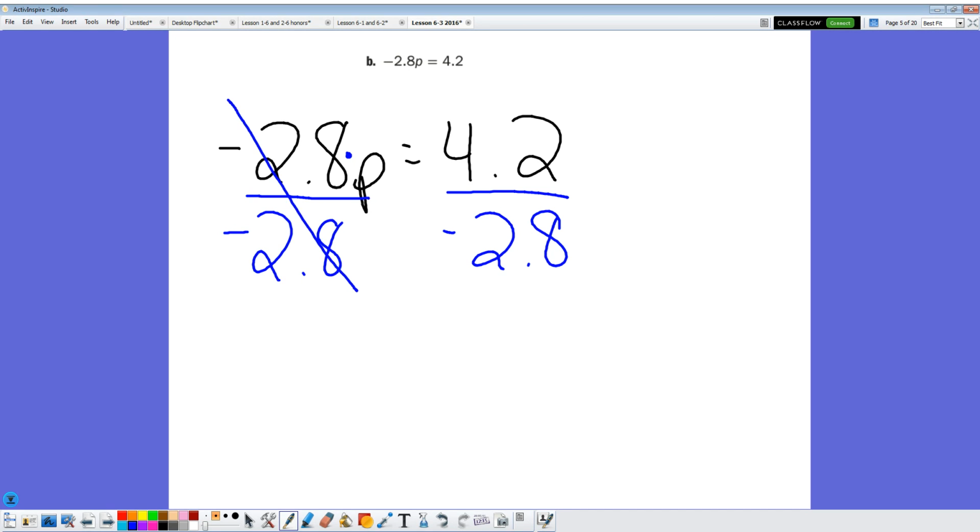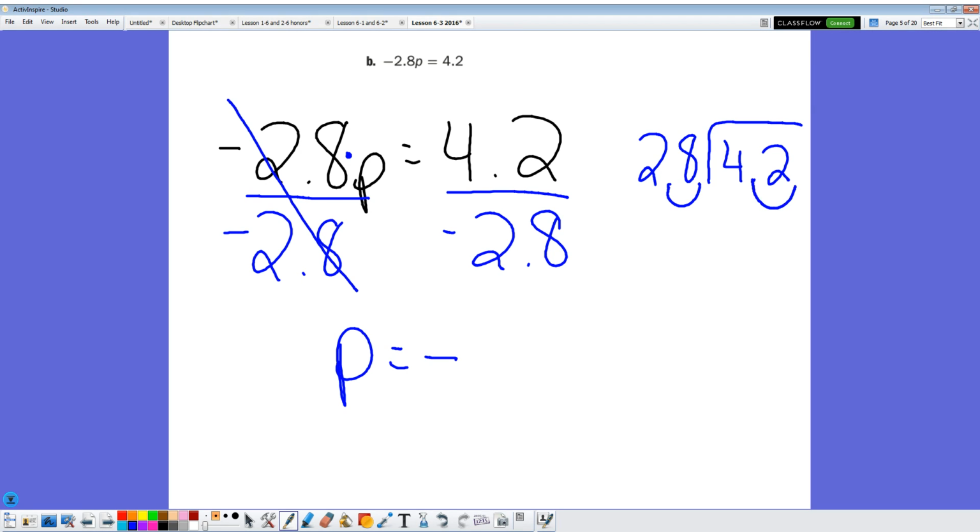Negative 2.8 divided by negative 2.8 leaves you with p. Positive divided by a negative is going to be a negative. And again, I'm going to do 4.2 in the house and 2.8 outside. I'm going to move the decimal one place to the right, one place to the right. Okay, 28.